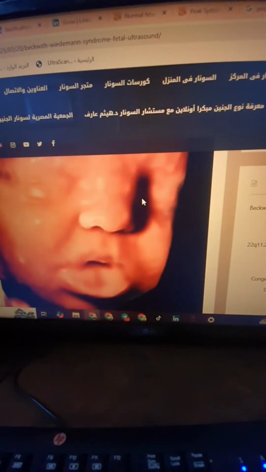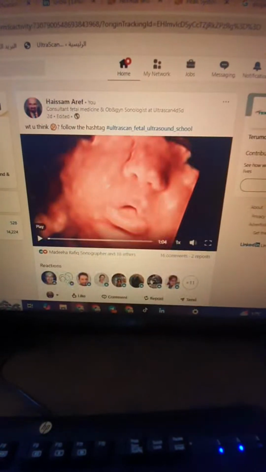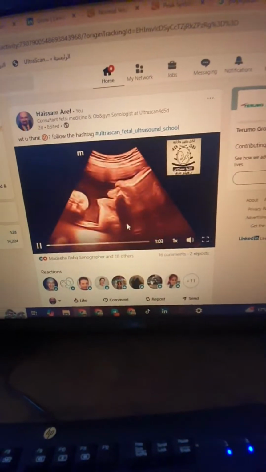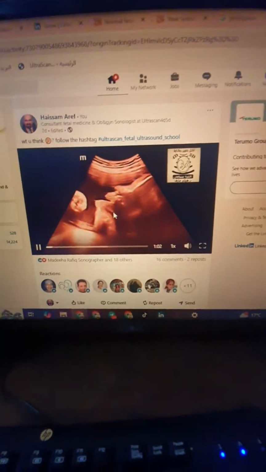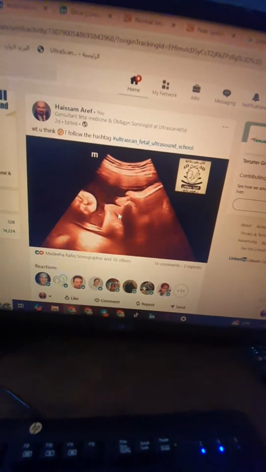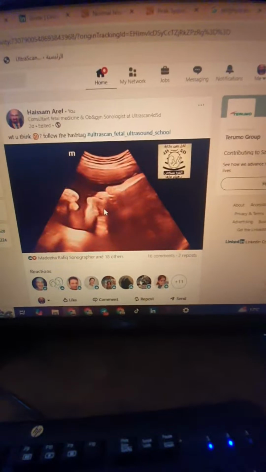We did have a case this week showing macroglossia and showing an omphalocele. If you've seen this case, there is macroglossia, and it's not micrognathia protruding the tongue.